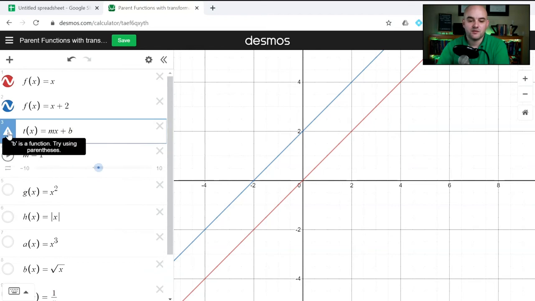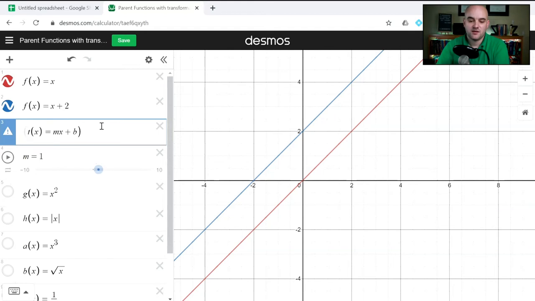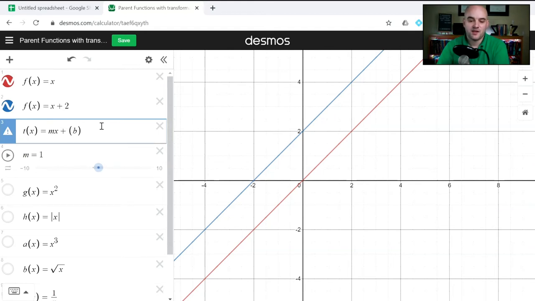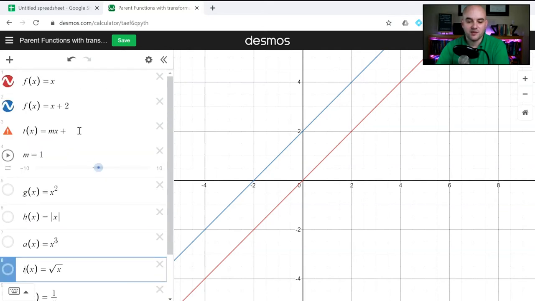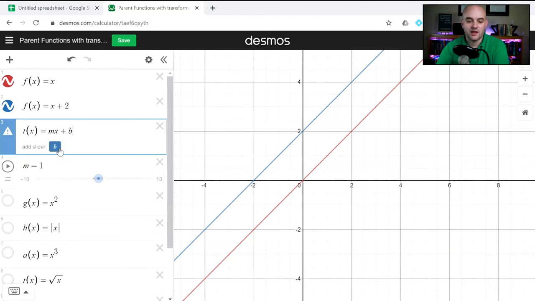The b is a function. Let's try using parentheses. I think it's going to make it the b function, and we don't want that. Let's use a different letter besides b. It's not letting me do this because I've already got b defined down here. I'll just change that to t, and then it should let me use b up here. There we go. Now we have a slider.